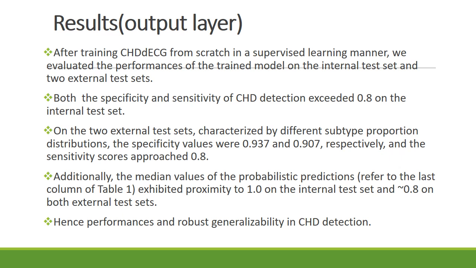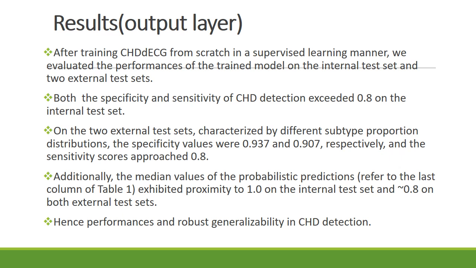We can see the performance was really high on the two, with specificity values of 0.93, only 93%, and 0.90 respectively. That is a very high score, meaning that the model actually was doing well.